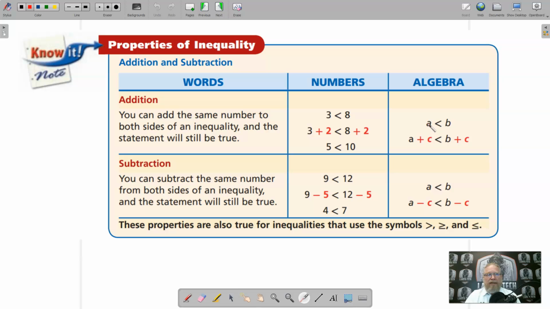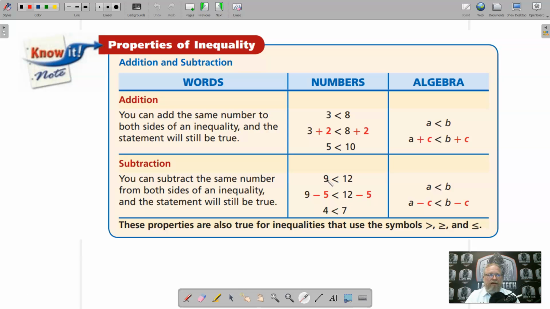In algebra, we say that if A is less than B, then adding C to A would be less than adding C to B. Now we move to subtraction. You can subtract the same number from both sides of an inequality, and the statement will still be true. For example, 9 is less than 12. Well, if we go ahead and subtract 5 from each side, we'd have 9 minus 5 is 4, and 12 minus 5 is 7, and indeed 4 is less than 7.